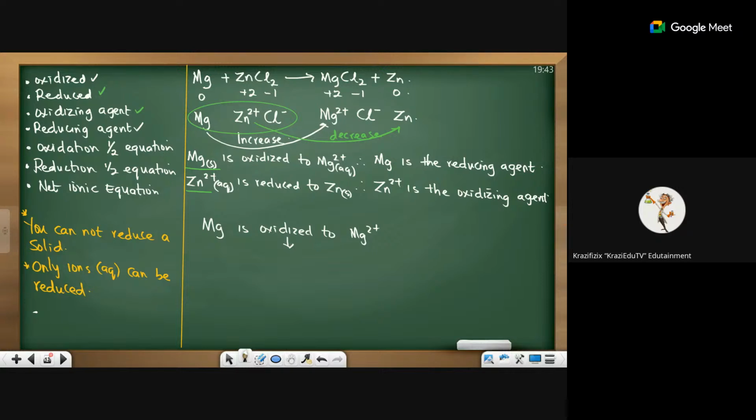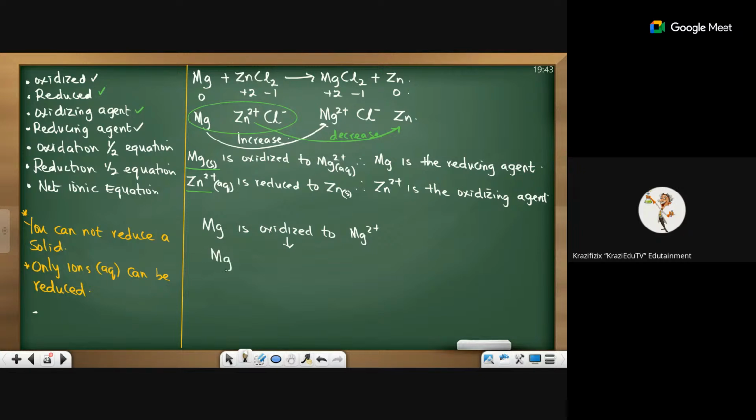Oxidation is the loss of electron. Oxidation is the loss of electron. Now, when we say loss, loss means you are subtracting. If you lose money, what happens with the money you have? It goes down.